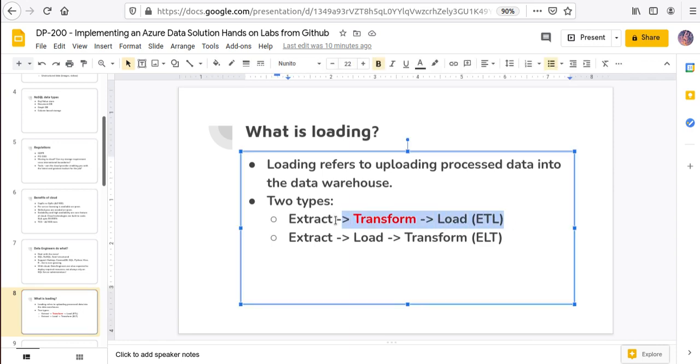That is the traditional one, where you extract the data from a data source, then you transform the data to a particular type to be used by a particular platform, and then you load the data. Here the transformation of the extract into something usable can take a lot of time, so this flow slows down because of the transformation step involved.